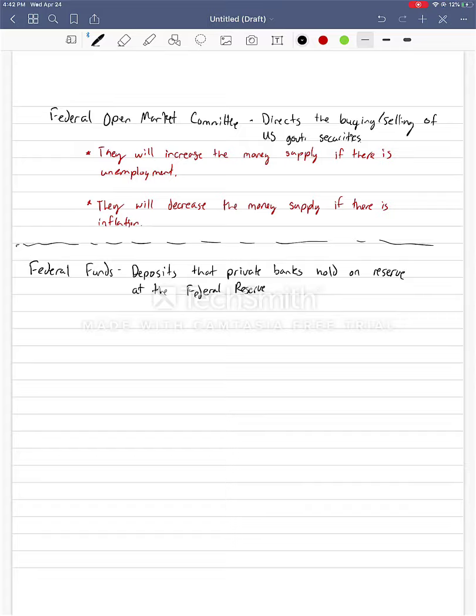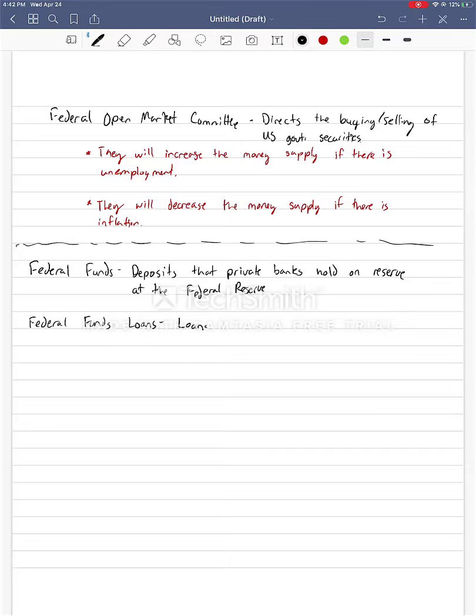So banks keep reserves at the Fed also in part because the Fed clears loans between them and other banks. So when banks loan reserves to other banks, these are what we call federal funds loans.